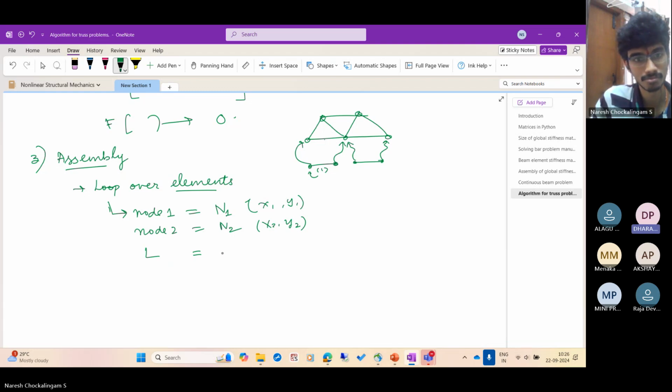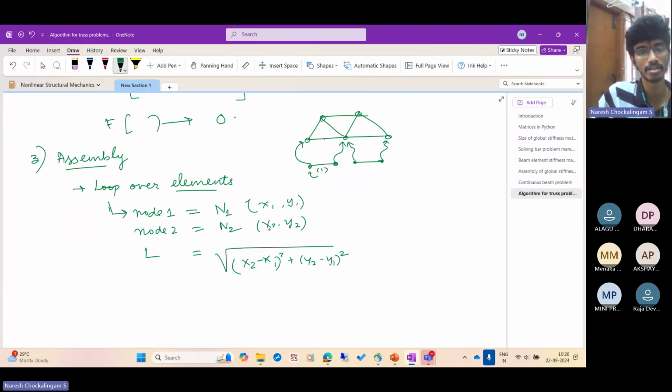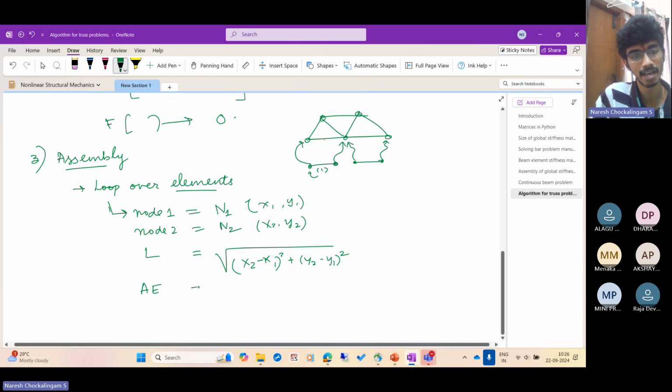Yes, square root of x2 minus x1 the whole square plus y2 minus y1 the whole square. Perfect. For bar and beam, it was just x2 minus x1. In this case, it is the square root of (x2 minus x1) squared plus (y2 minus y1) squared. So we need L, and we need AE, that I'll give. AE again, as usual, we are going to take as 1 mostly.